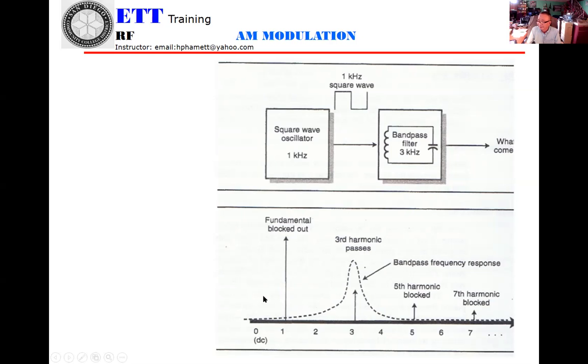Less than that, higher than that, they are blocked. That's a very good example. You understand how the signal comes out from a 1 kilohertz square wave. How do we select only the frequency you want? By using a band pass filter.